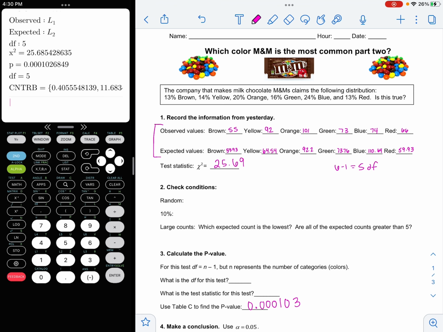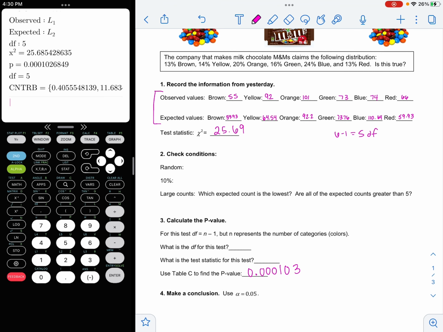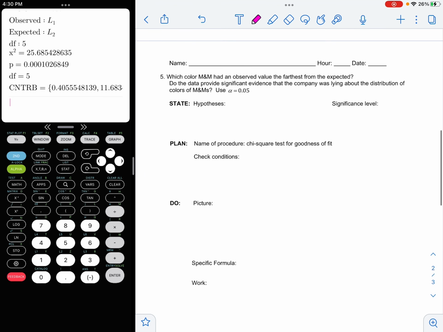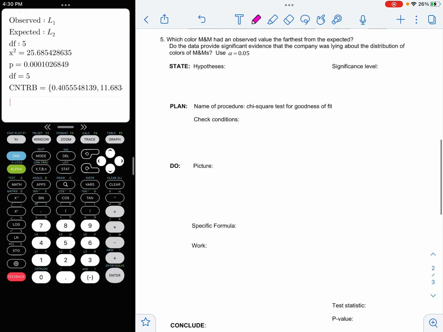I'll round to that many because I like to have at least 2 digits, right? The other zeros, they're all placeholders, so 2 digits are good. And while we're doing this, we might as well just go over some of the state, plan, do, conclude for this problem as well. That way you are reminded of how we do these types of problems.